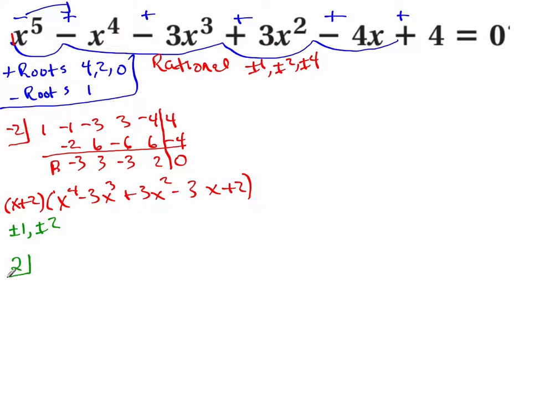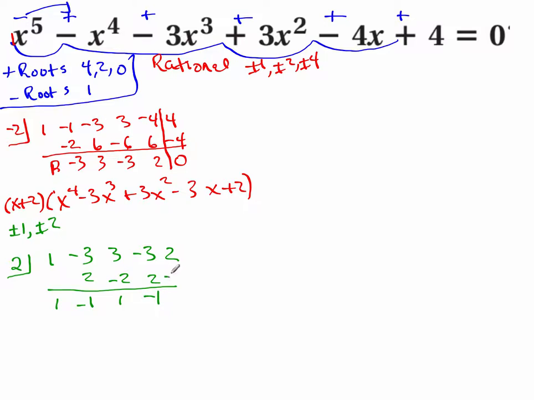Okay. So when I try 2, this is 1, negative 3, 3, negative 3, and 2. So bring down the 1. 1 times 2 is 2, negative 1, negative 2, 1, 2, negative 1, 0.